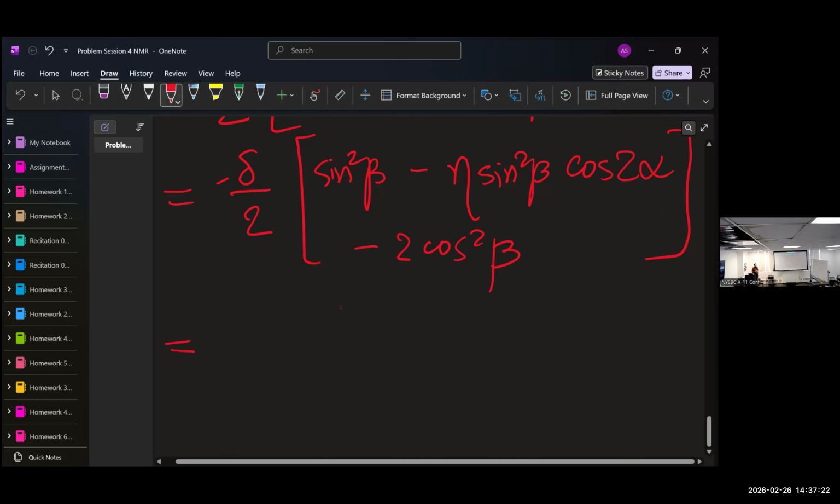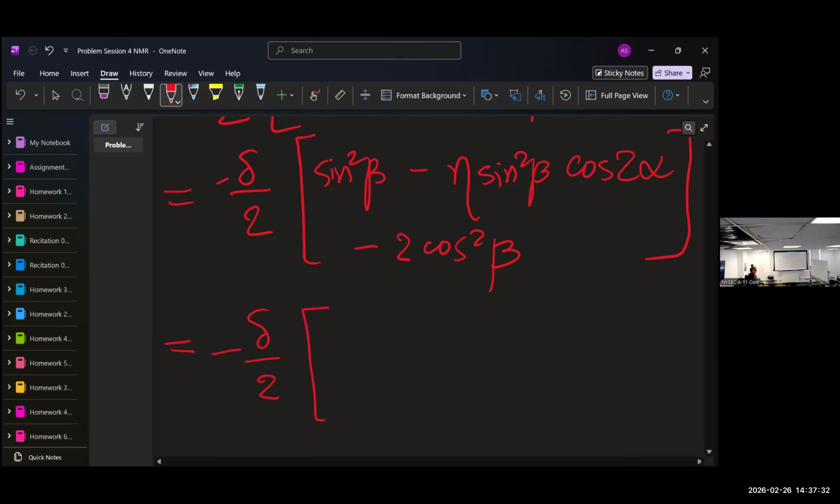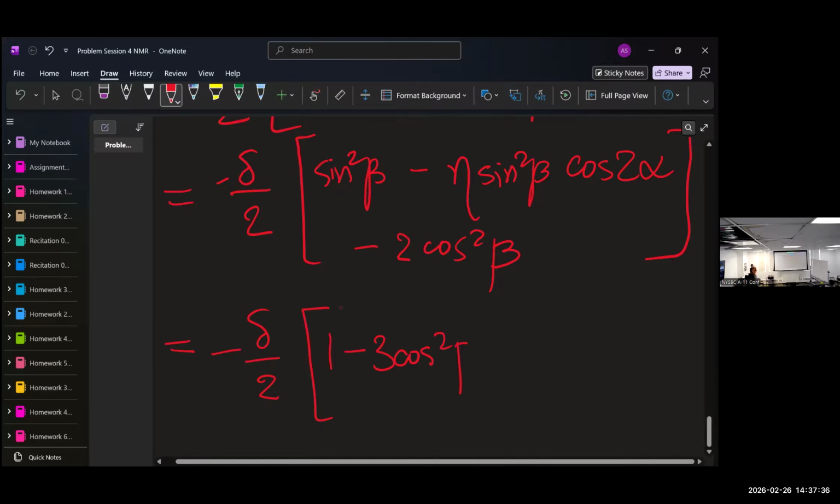Sine squared beta and cos squared beta. Sine squared beta is 1 minus cos squared beta, right? So I get 1 minus 3 cos squared beta. Does this make sense?